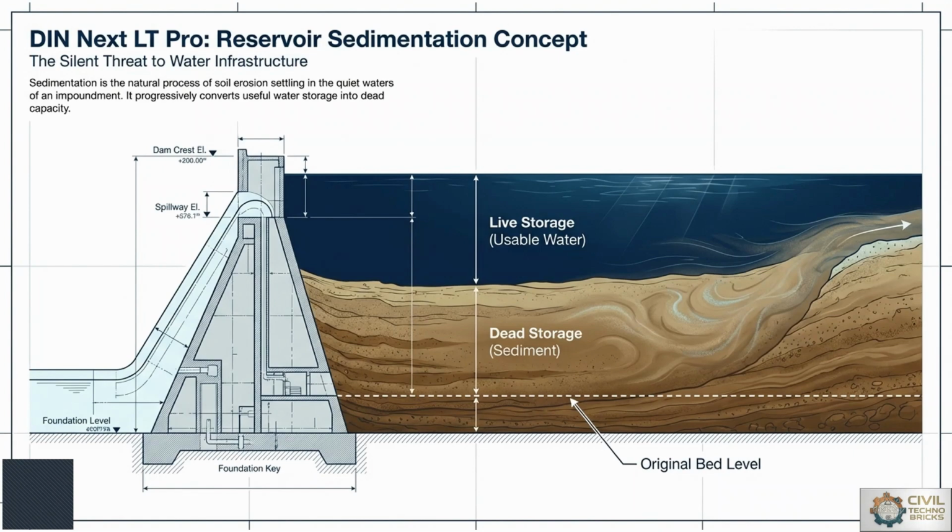The major role of remote sensing in sedimentation is monitoring. Satellite sensors can detect the water spread area of a reservoir at different water levels throughout the year. Because sediment accumulation changes the depth-area-capacity relationship of the reservoir, these changes become visible in satellite imagery over time.